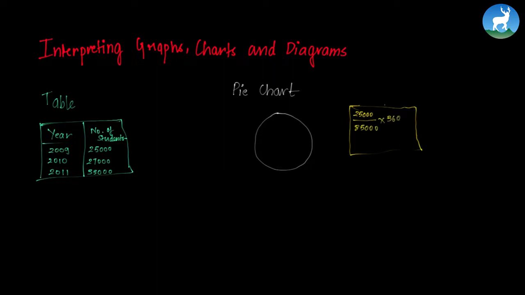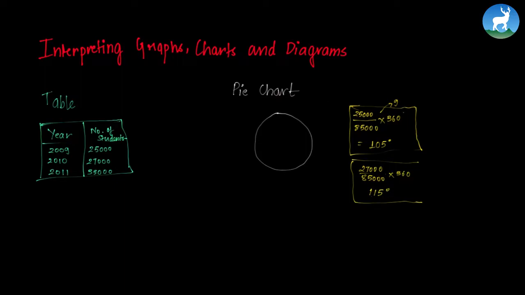This is for grade 9, which gives us 105%. We take this out for class 10, which is 27,000 divided by 85,000 into 360, and it becomes 115%, and the remaining is going to be for the year 2011.